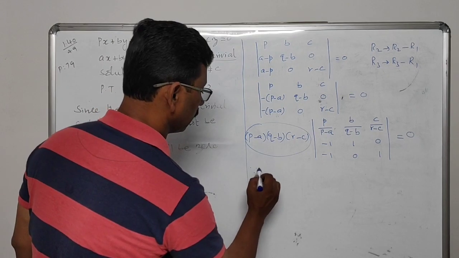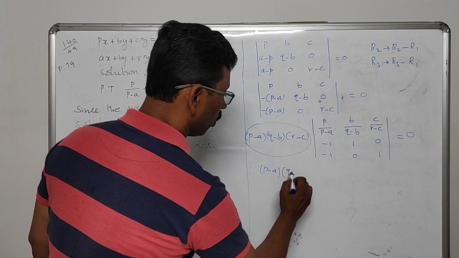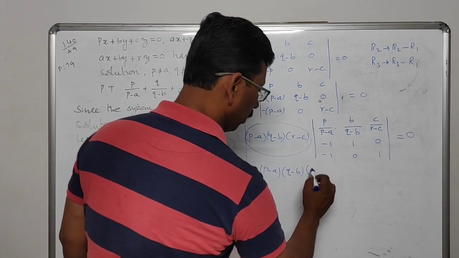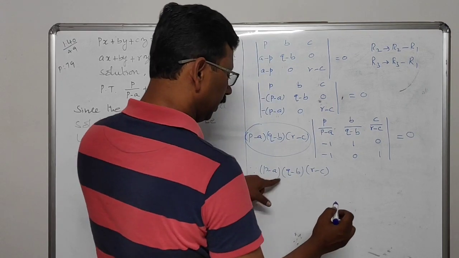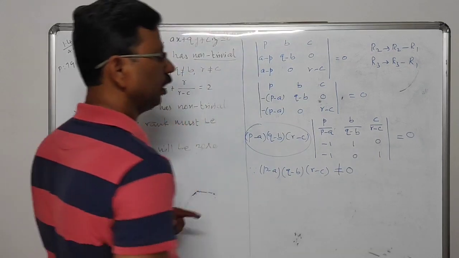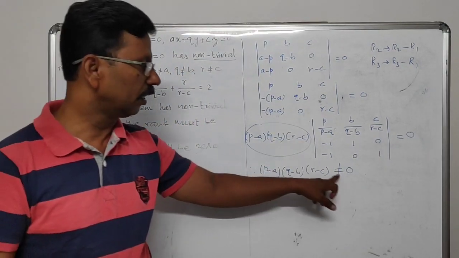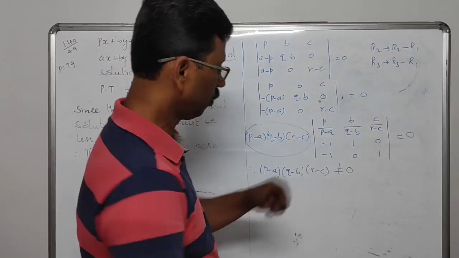The product of three non-zero terms will always be a non-zero term. Therefore, this product is not equal to 0, which means definitely this determinant value will be equal to 0.